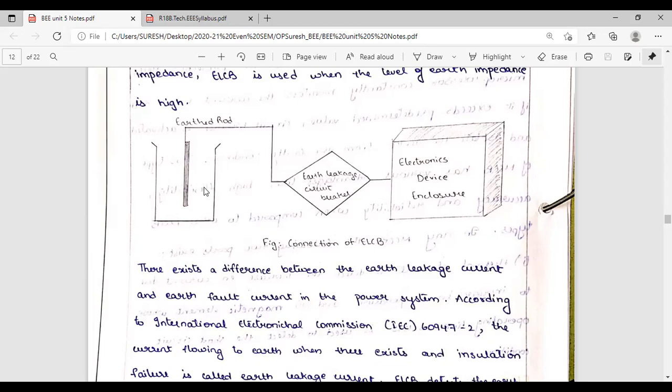Voltage at the earthing point is 0. So if this leakage circuit breaker detects some potential difference between the earthing point and this one, and some leakage current flows, then this circuit breaker will operate and open the circuit. This ELCB will operate when there is a difference of current. I'll explain later.